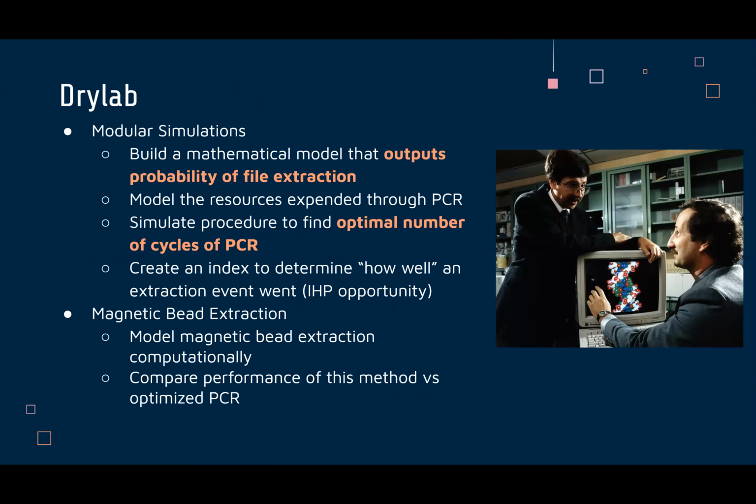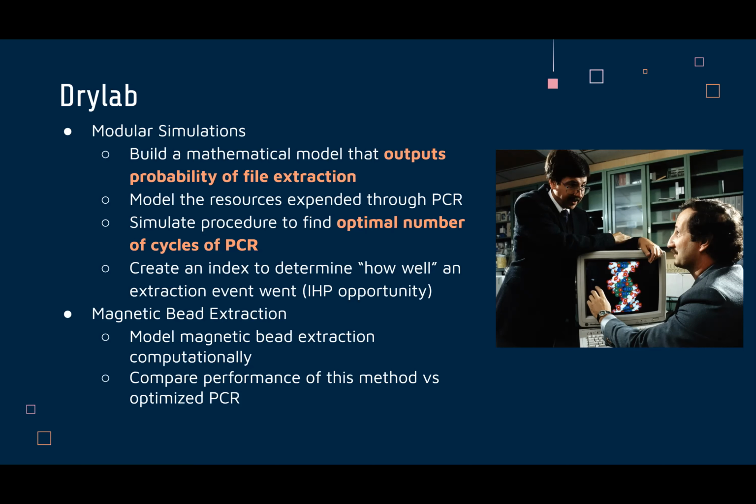So for Dry Lab, the largest task is going to be solving the optimization for the modular simulation in how many copies of DNA would be optimal to produce through PCR during file extraction. To do this, it's going to be gauging the probability of extracting the correct file versus the resources that will be expended through making copies of DNA through PCR.